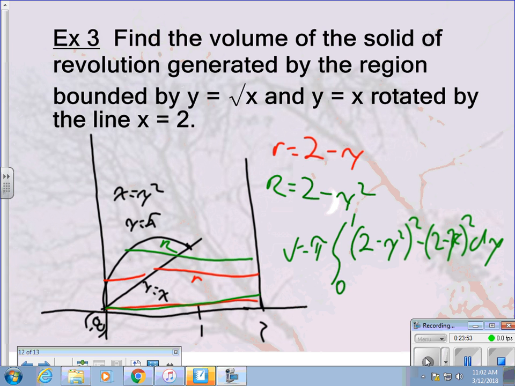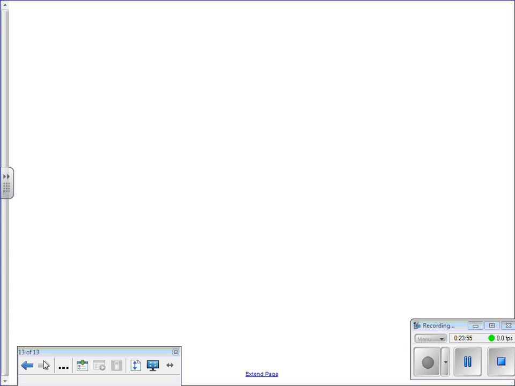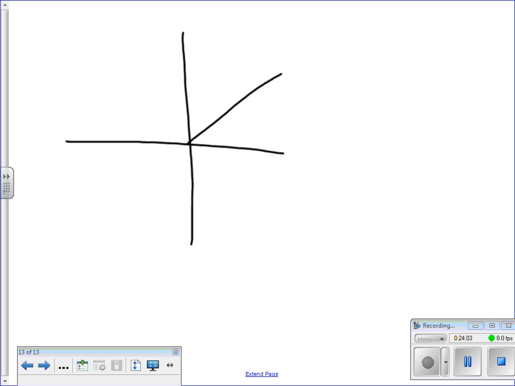Now, let's say we have the same situation. Same graph, same equations. But our axis of rotation is x equals -2 instead of x equals +2. Slightly different. Because my big radius is this one here, and it's the distance from here to here.